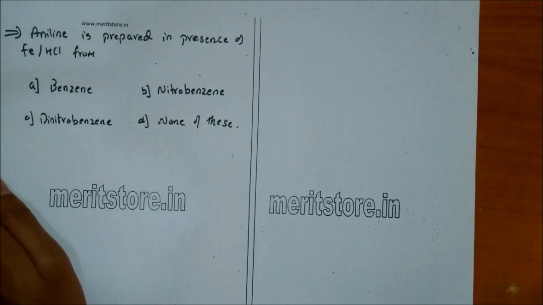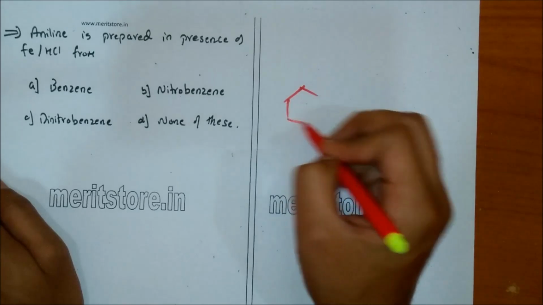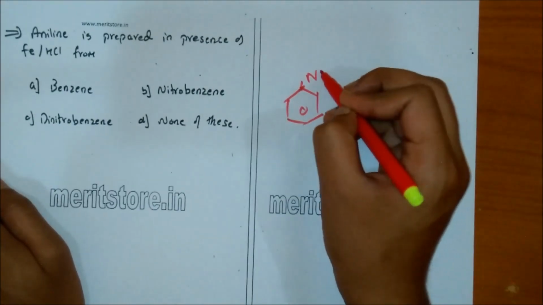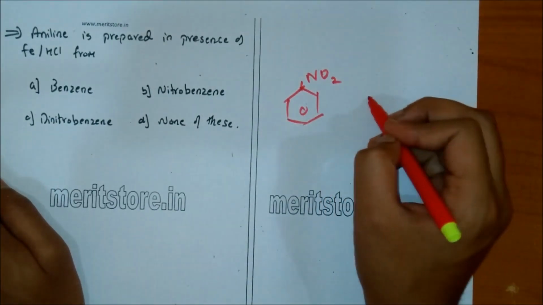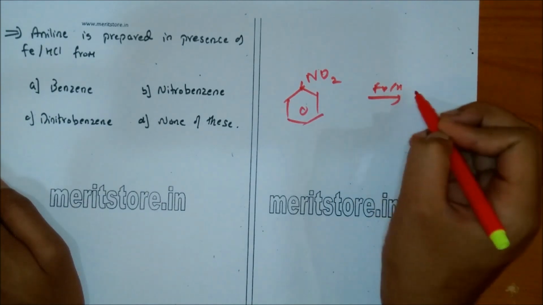Aniline is produced in the presence of Fe and HCl from nitrobenzene.